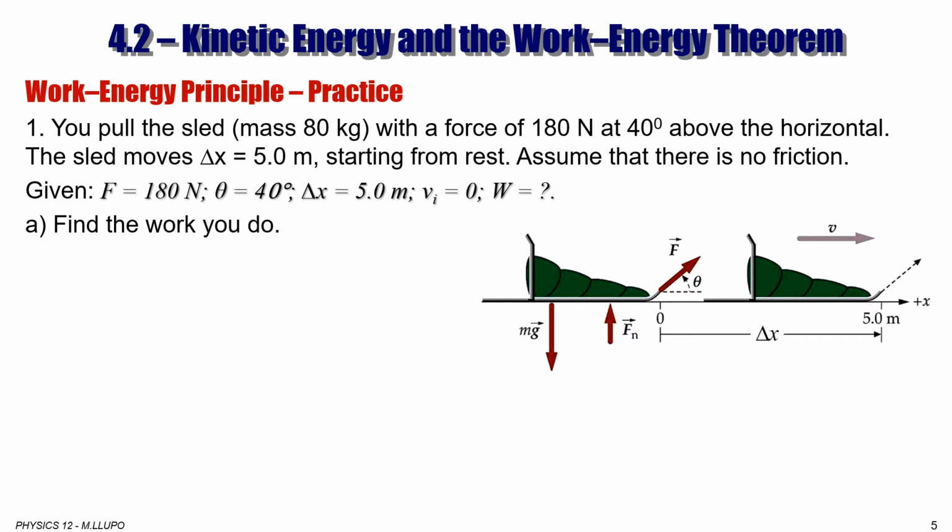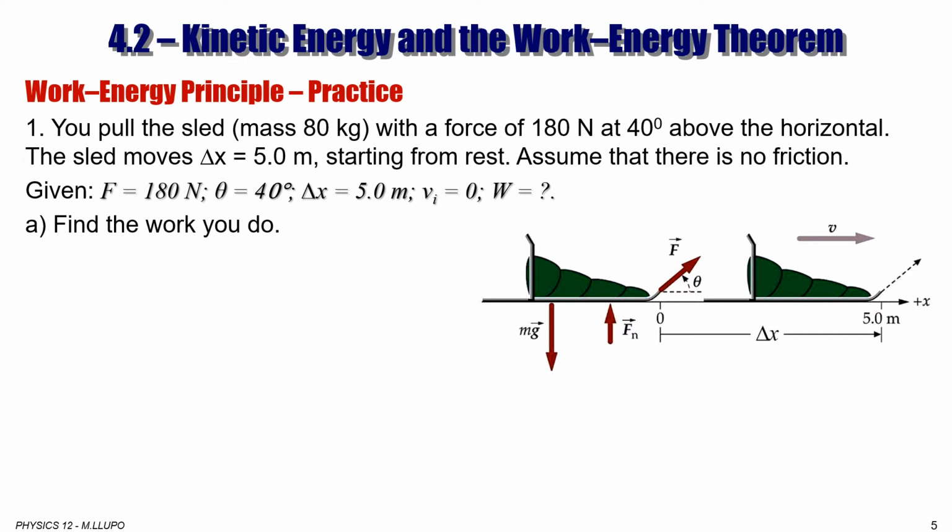Don't skip that. Starting from rest, that means initial velocity, or initial speed in this case, because we are in energy unit when we are not talking about velocities anymore. We are talking about speed. Assume that there is no friction. So that means there is no waste of work.